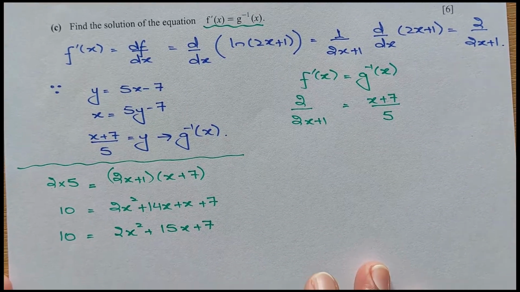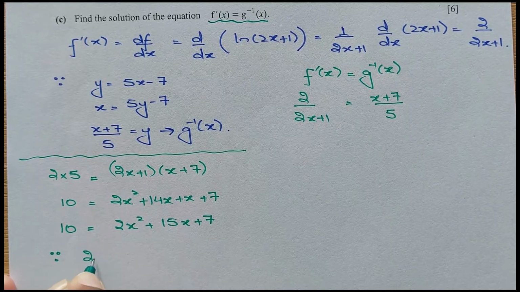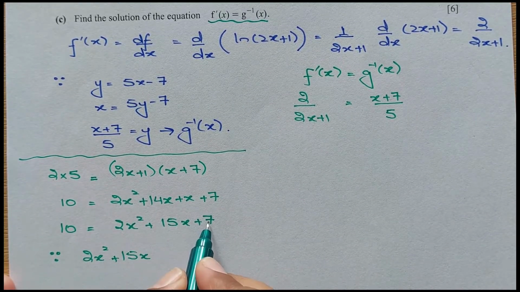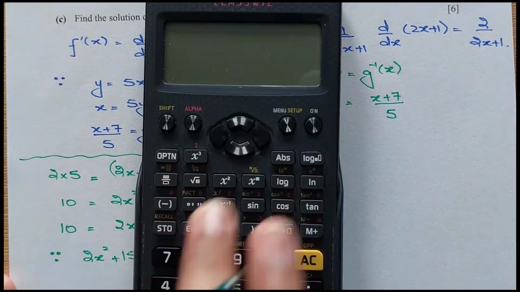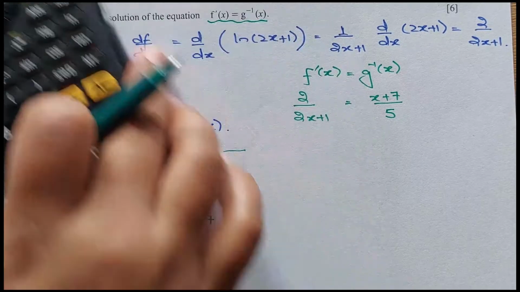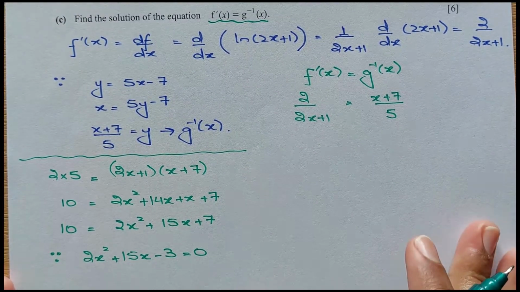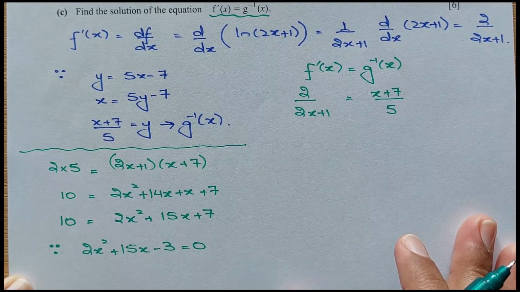For further simplification, we have 2x squared plus 15x plus 7, subtracting 10: 7 minus 10 is negative 3. Yes, minus 3 equals 0. Now we have a quadratic equation, so let me use the quadratic formula to get the value for x.